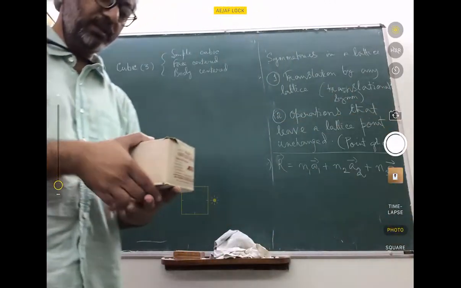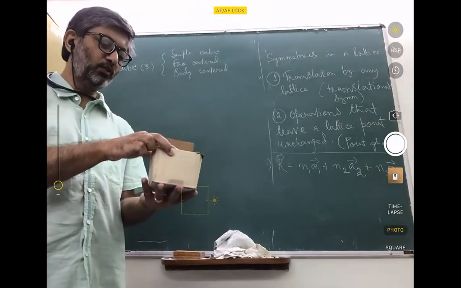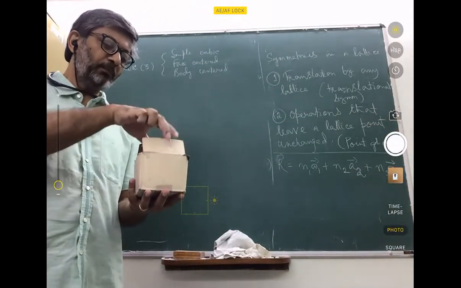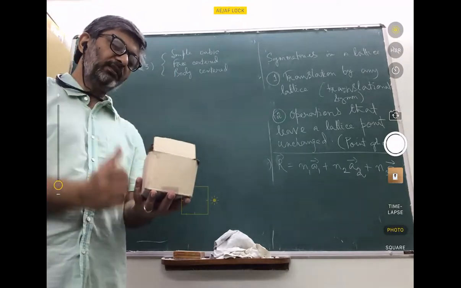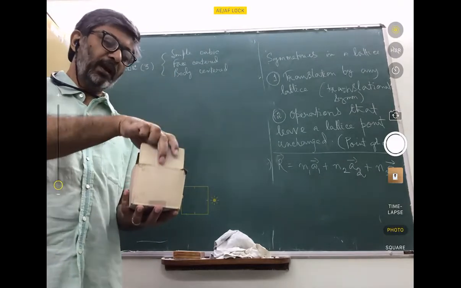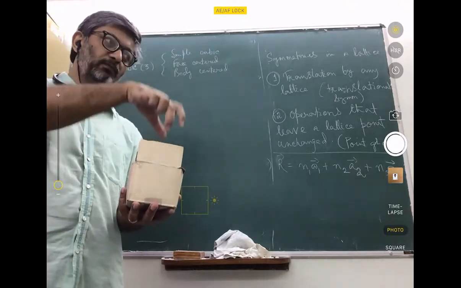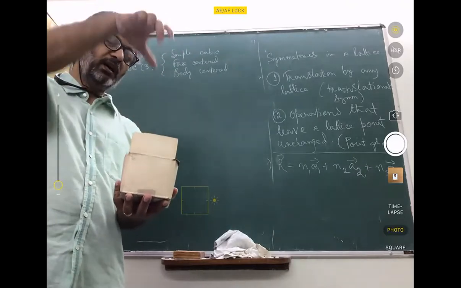Now, a cube is very easy to understand. Suppose I take this cubic lattice and I stretch it along, let's say, my Z direction, that is, all the cubes along this direction.